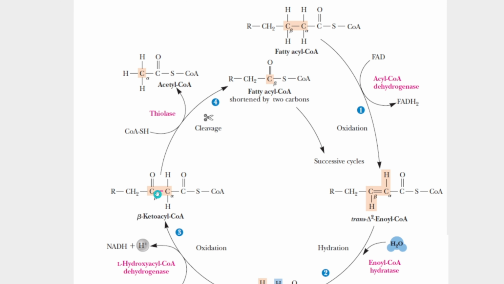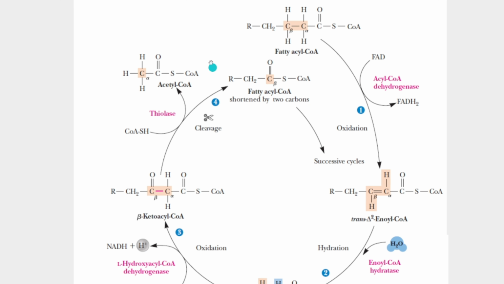So another coenzyme A will bind to here, so it will release two carbon. You can imagine, if there are 13 carbon here, they will cut down here to release two carbon atoms.